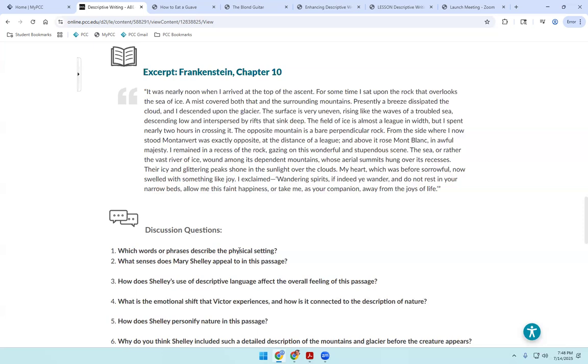Can you find anywhere in here that it seems to be personifying? An awful majesty. Yeah, that's great. What else? The sorrow, the joy. Yeah, it's in the joy for sure.